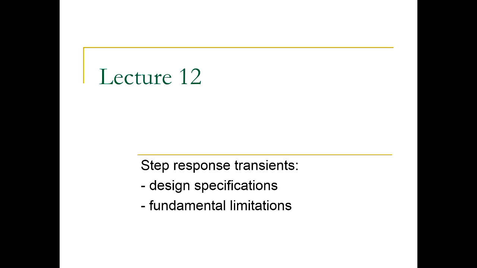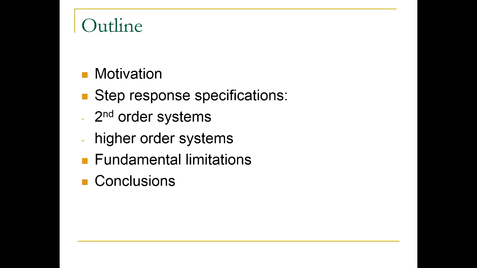Okay, so that's the scope of the lecture. So we will first motivate things a bit. I already did that partially. And we will look at design specifications first for second-order systems. You will see that I will present exact formulas for second-order systems only, but these formulas are used as a rule of thumb for higher-order systems.